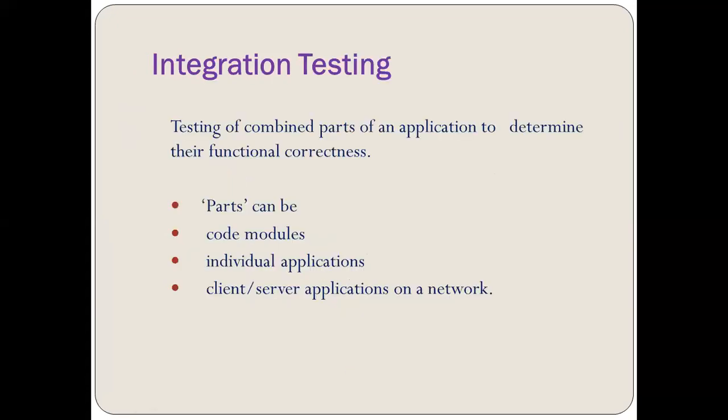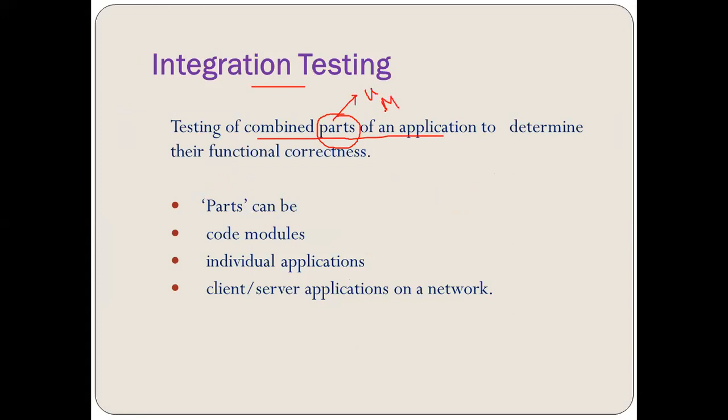Now, the next phase of testing is integration testing. I've already told you how testing is done. Integration testing is done when we combine the parts of an application. When I say parts of the application, I can mean either the units or the modules, which we have studied.